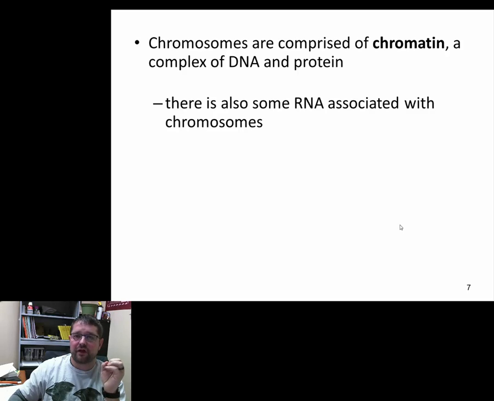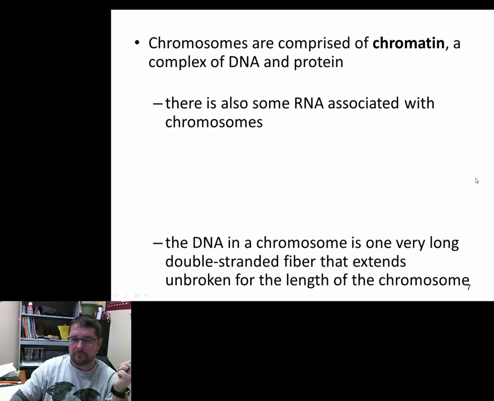There are also other nucleotides involved and incorporated. You'll have some RNA, whether messenger RNA or, depending on where the DNA is, some ribosomal RNA associated with the chromosome, along with those proteins.